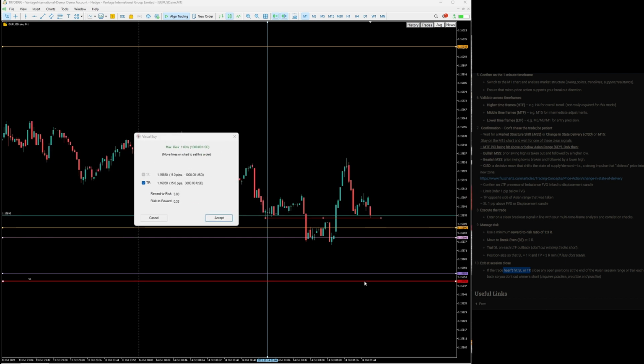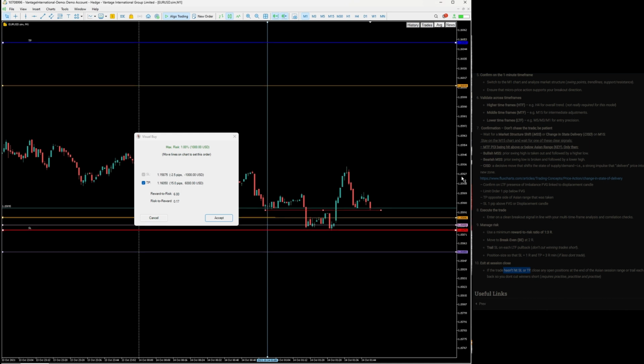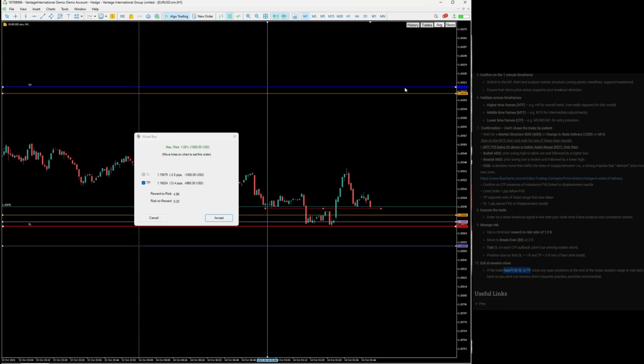So right there, we're gonna buy exactly the same way. So stop loss here. Take profit. As you can see, when I move the take profit, you see the risk reward being changed according to it. So for the current price, if I just move the stop loss right now, it will granularly increase or decrease.